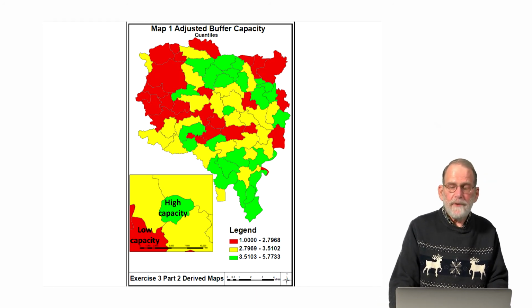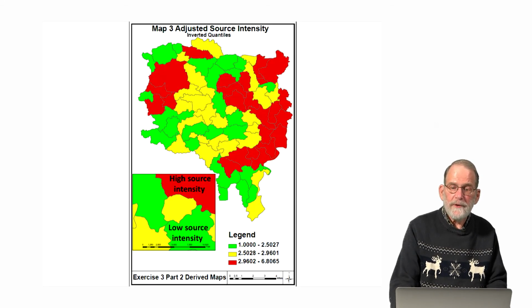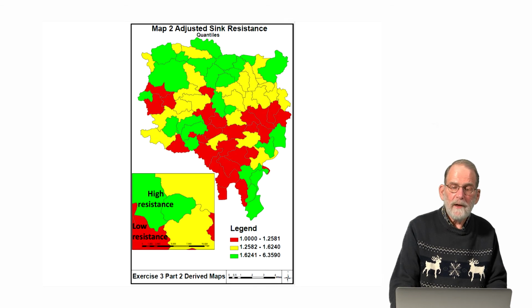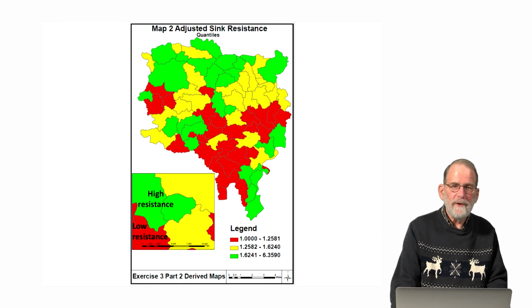So we can take these 3 parameters, the parameter of source intensity, buffer capacity, and sink resistance, which is a measure of the capacity of bottomland areas to accommodate the contaminants that make it into them from the upland source areas.